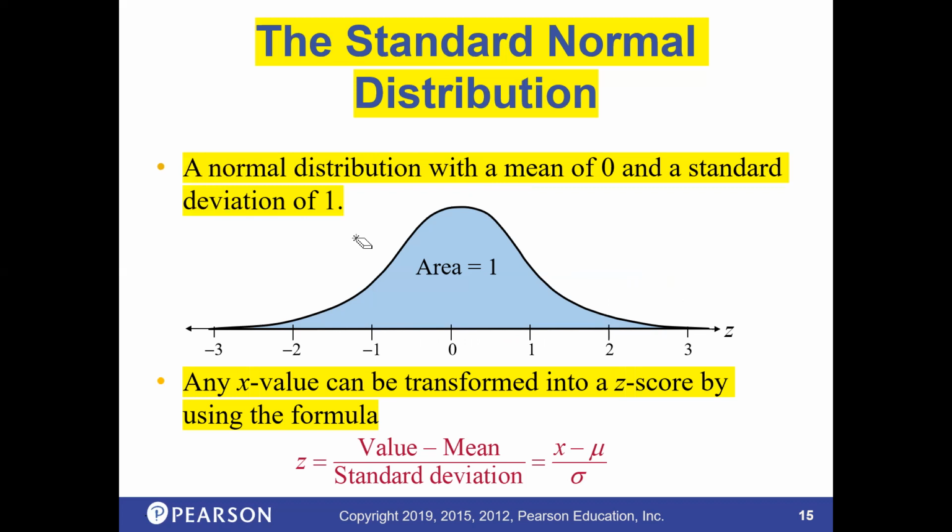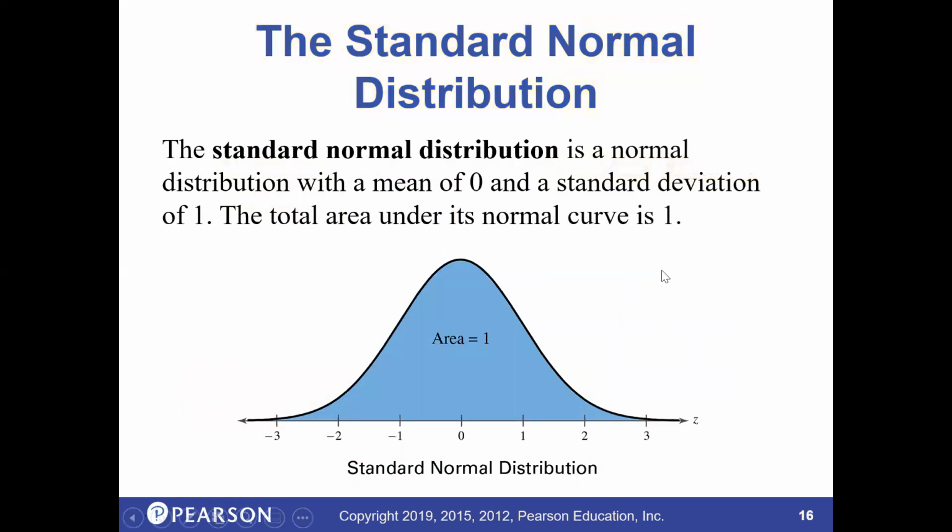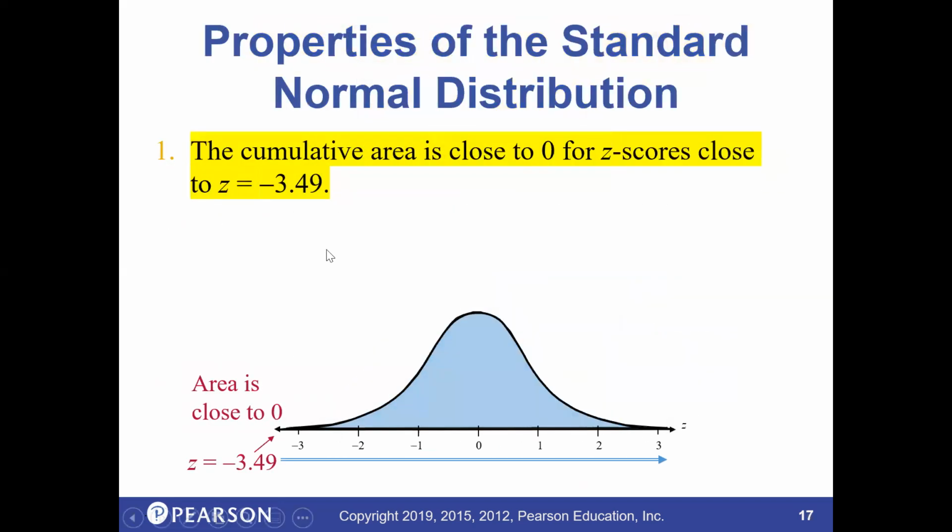So now the question is this. Let's just do a few things here. Some properties. Let me jump to this one. Something called the cumulative area. Let's talk about cumulative area first, and then we'll work our way through. There are 4 properties we're going to talk about for the standard normal distribution. First things first, cumulative area. What does that mean?